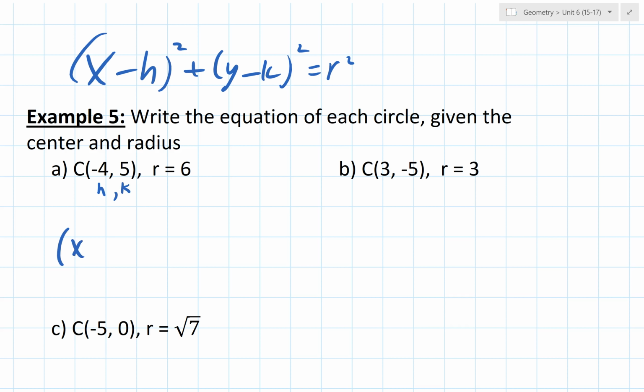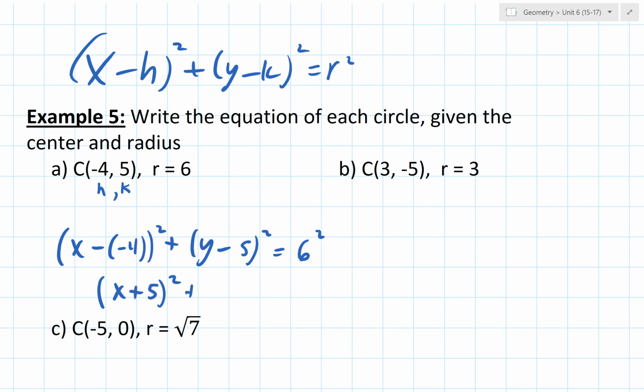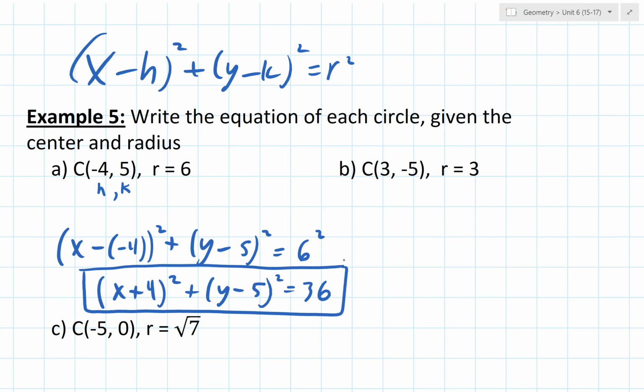So it's going to be (x − (−4))² + (y − 5)² = 6². If I simplify inside the x component, that's (x + 4)² + (y − 5)² = 36. So that is the equation of the circle with center (−4, 5) and radius 6.